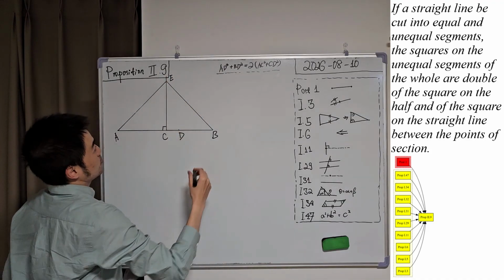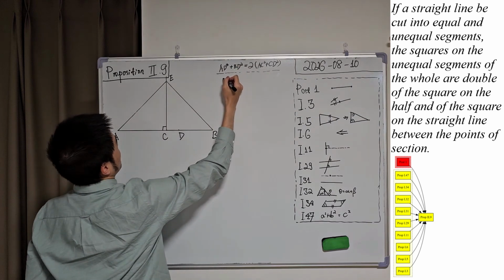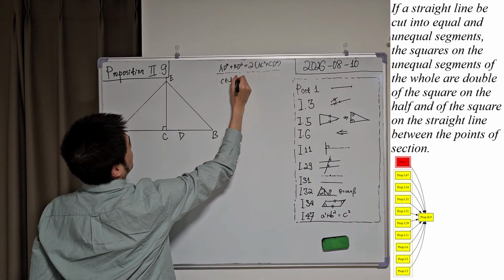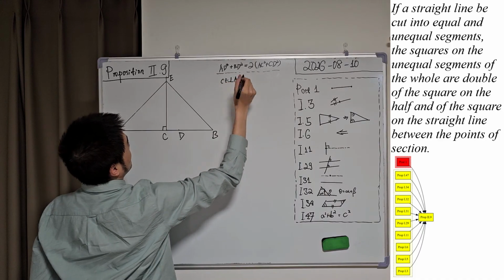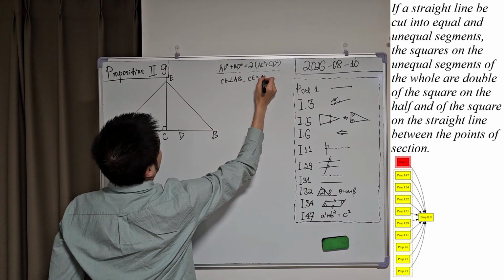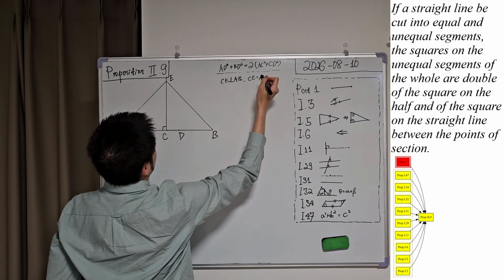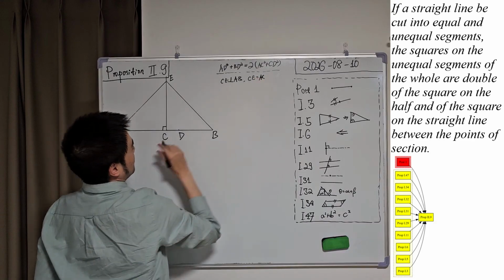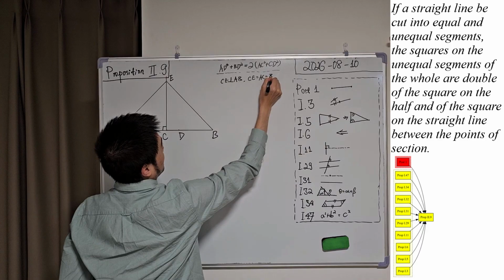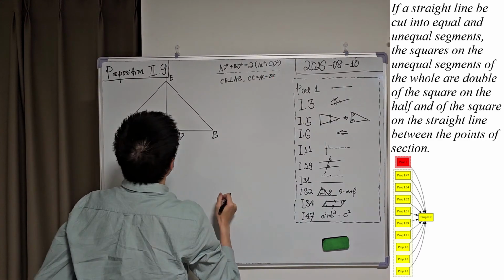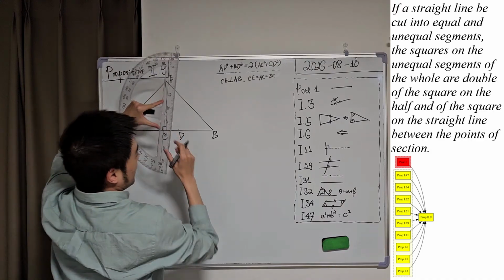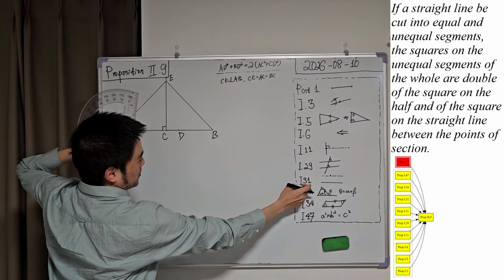So based on this construction, currently we know that CE is perpendicular to AB and CE is equal to AC, and since AC is equal to BC, it is also equal to BC because of Common Notion 1. And then let us construct a straight line applying Proposition 31.